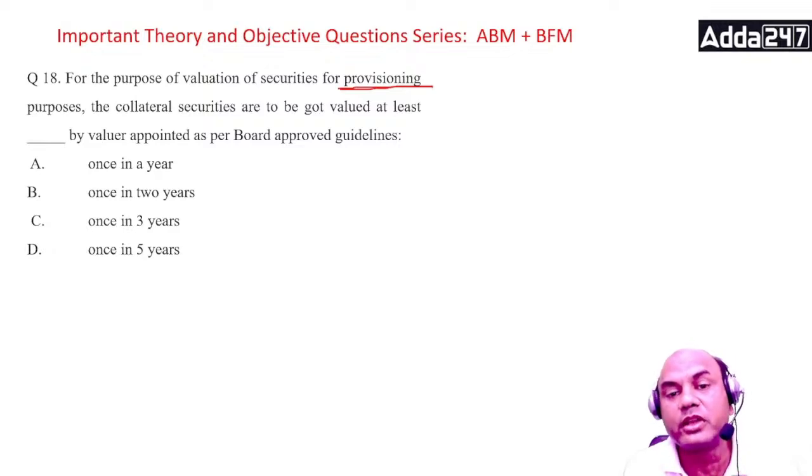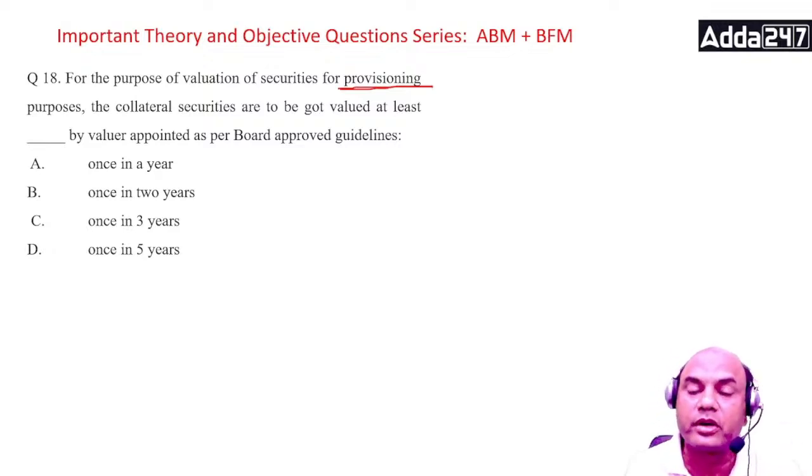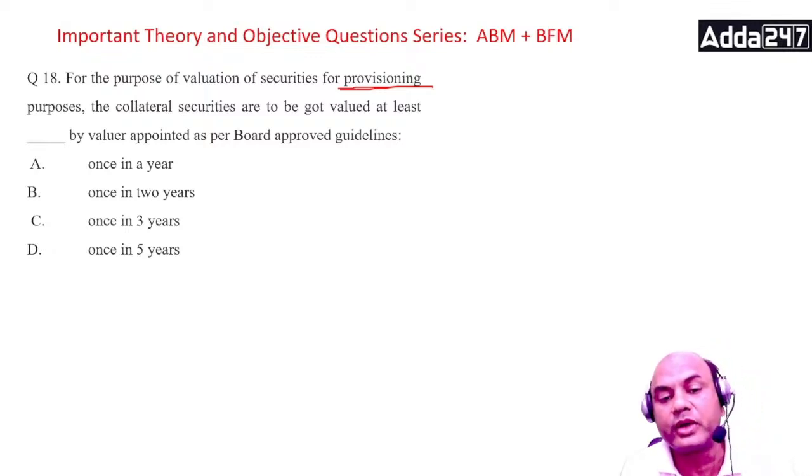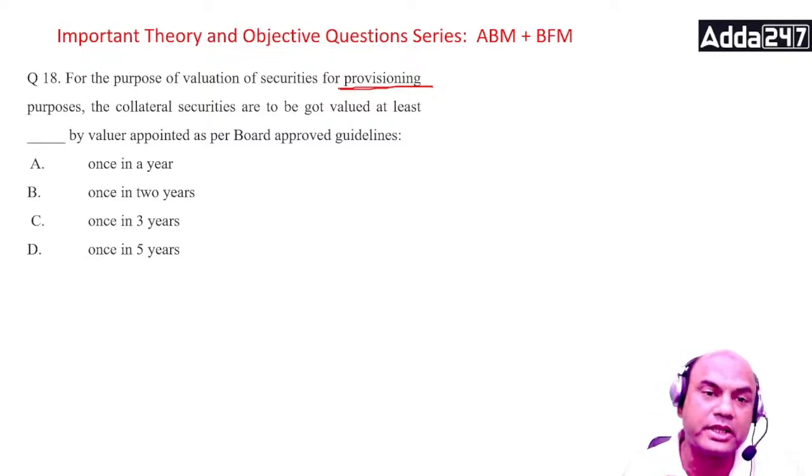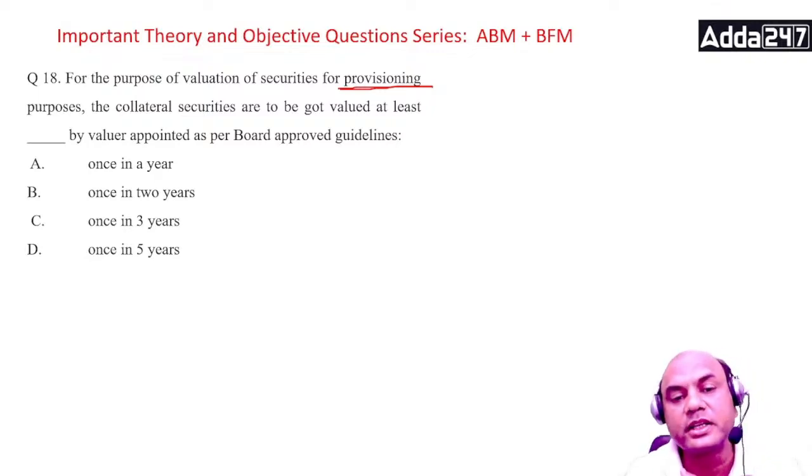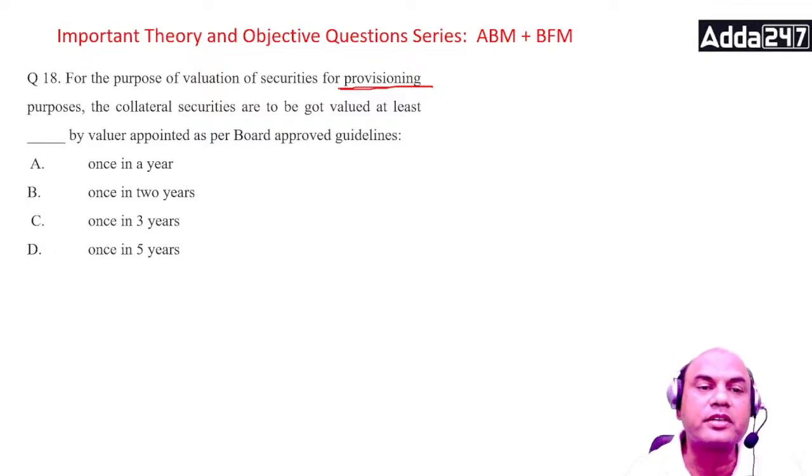Provisioning means whenever we do the secured or unsecured provisioning for these NPA loans. Means how many times do we get it valued? Suppose I have taken a security today and the loan is for 10 years. So this valuation of that security should be done by me as a bank at least in how many years?